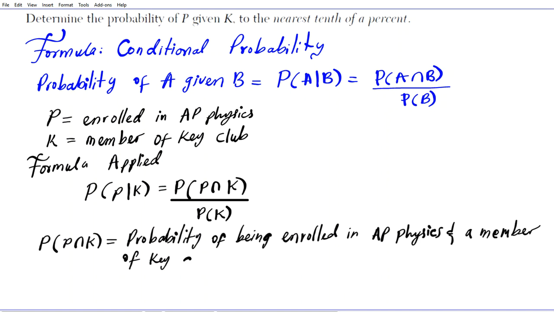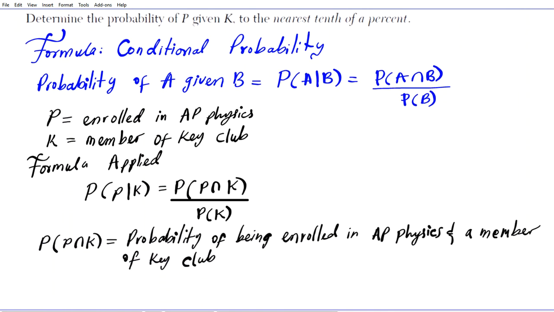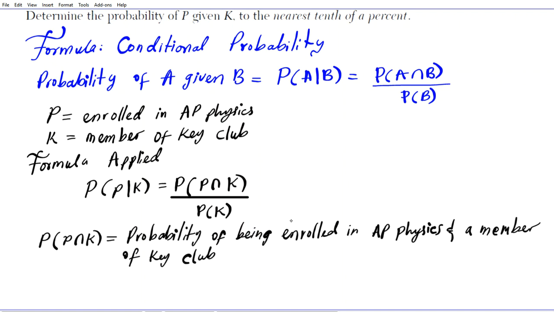And what is that probability based on what we're told in the problem? 1.9% are in both. So the probability of Key Club and AP Physics is going to be 1.9.